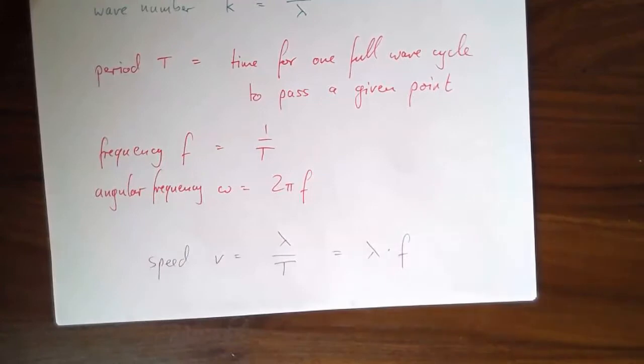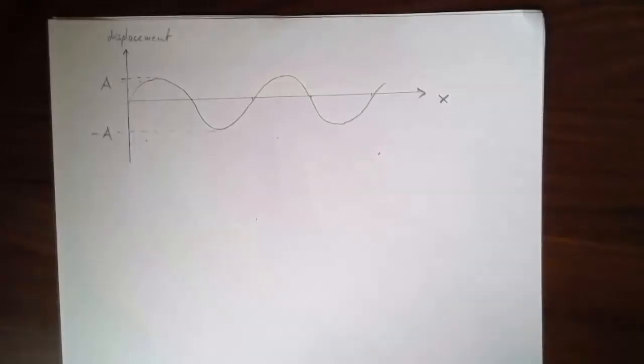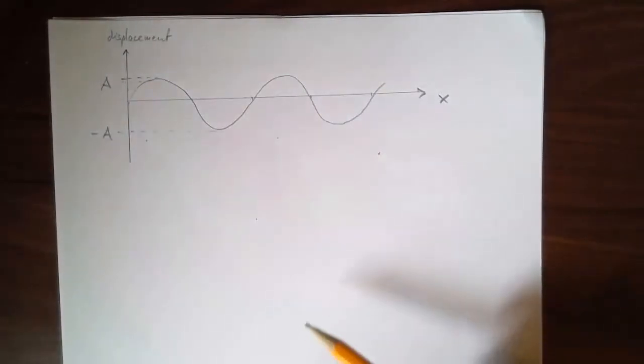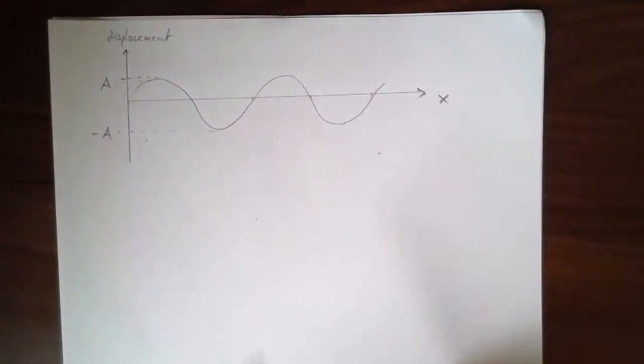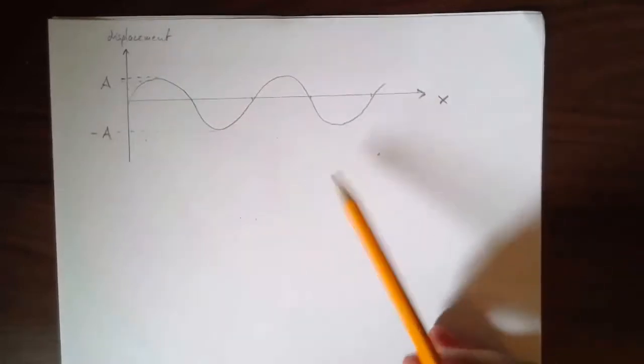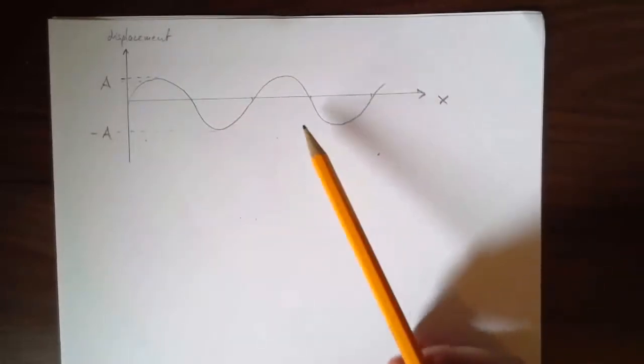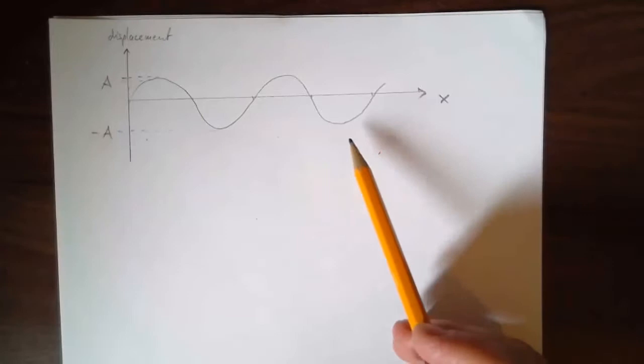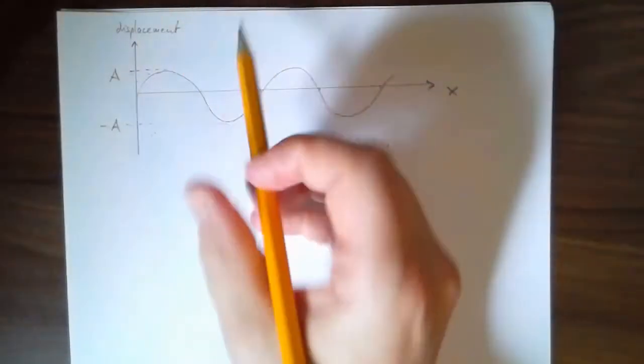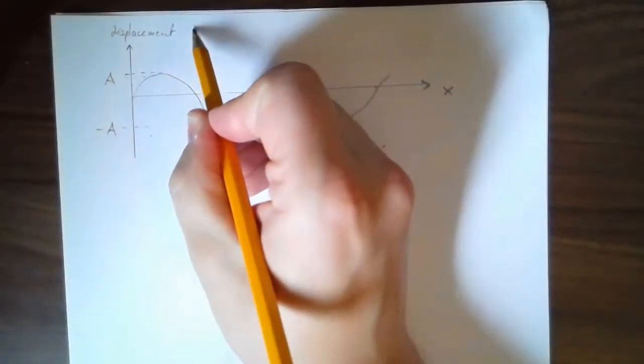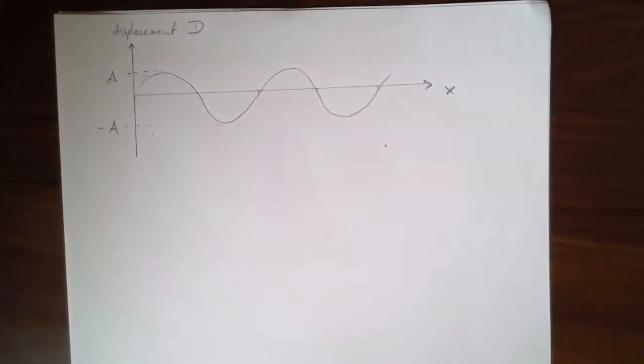Okay, now let's look a bit more closely at how we can describe the shape of the wave as an actual function. So here I've drawn a simple sine function. That's representing my, let's stick with ocean waves, could be anything else. My guess would be the displacement, let's call it displacement big D, right?